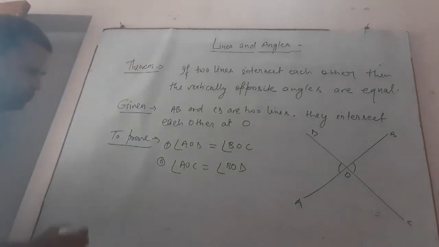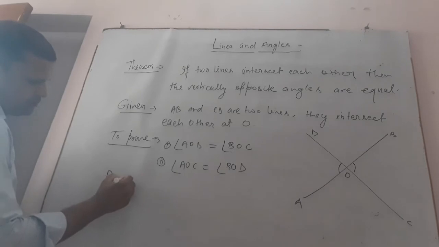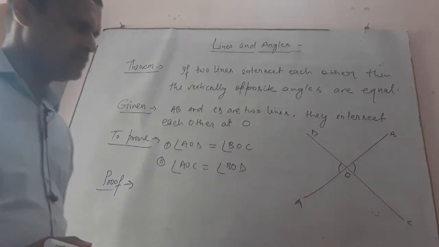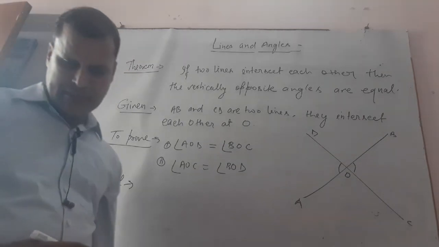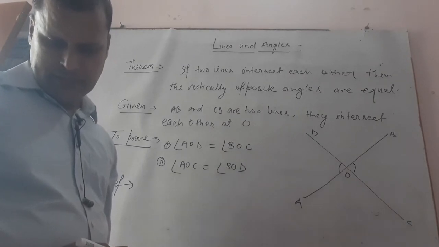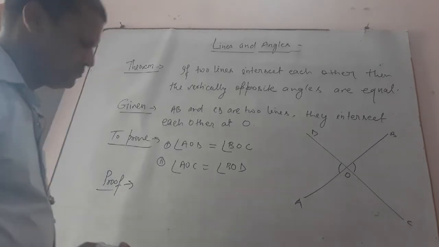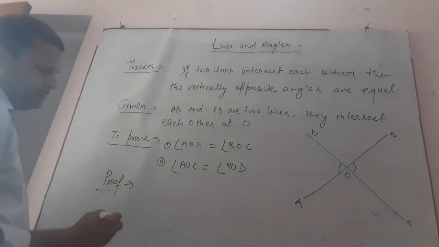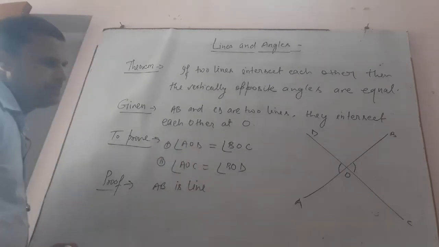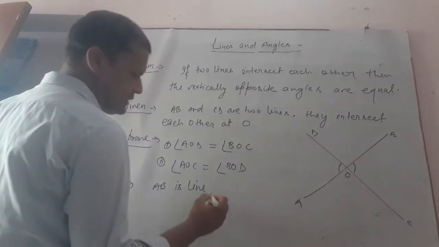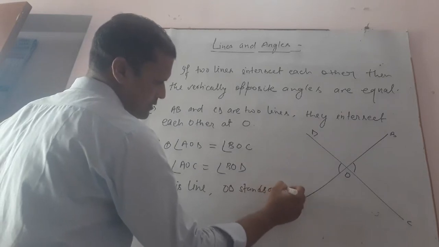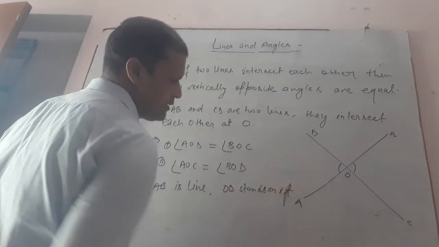Now, proof. AB is the line, and OD stands on it.